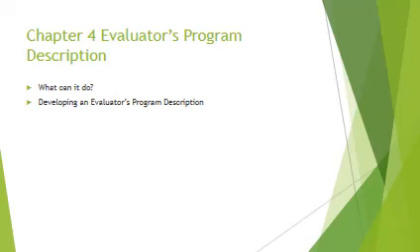Chapter 4 is about the evaluator's program description. It can best be summarized by looking at the 2 bullet points: What can it do? And developing an evaluator's program description. The EPD's main purpose is to amplify and clarify important aspects of a program between the evaluator and stakeholders.